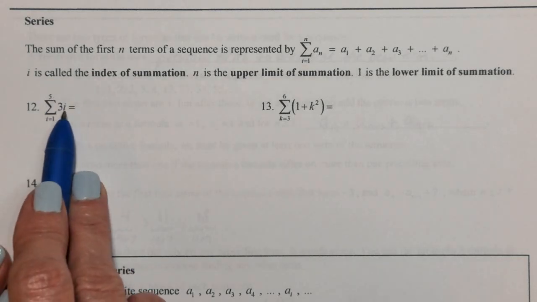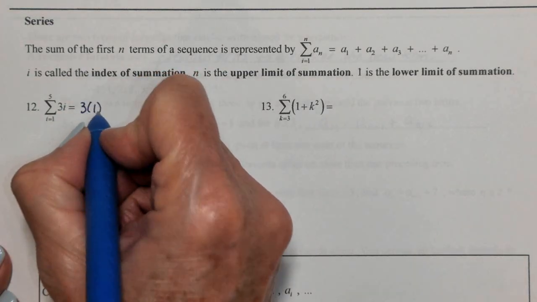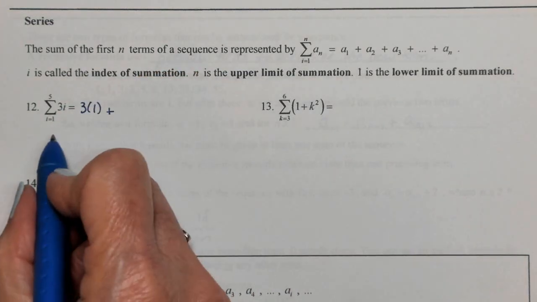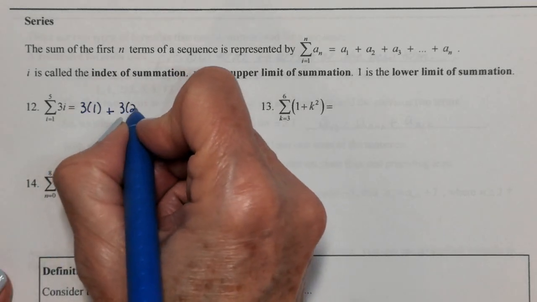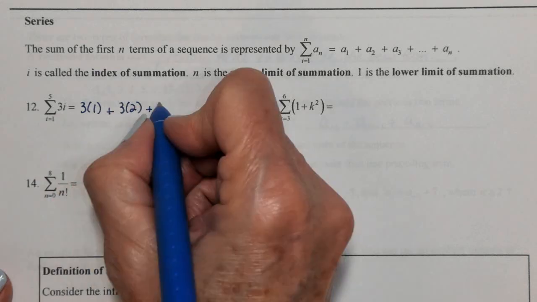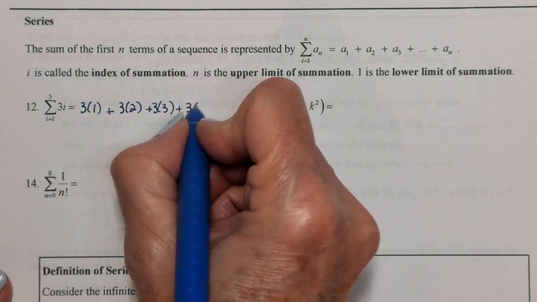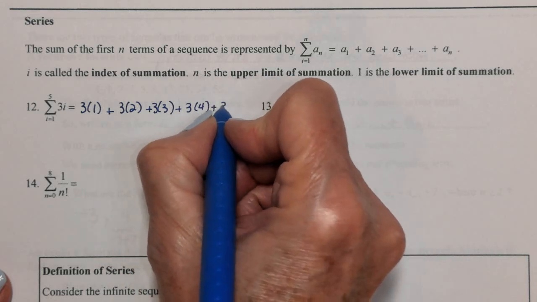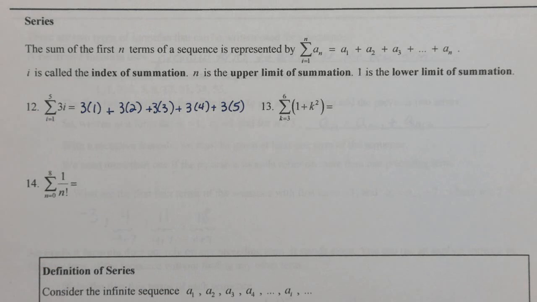The first i is 1, so that would be 3 times 1. Plus, the next i is 2, so that would be 3 times 2. The next i is 3, 3 times 3, and we keep on going until we get to an i value of 5, because they told me to stop when i was 5.